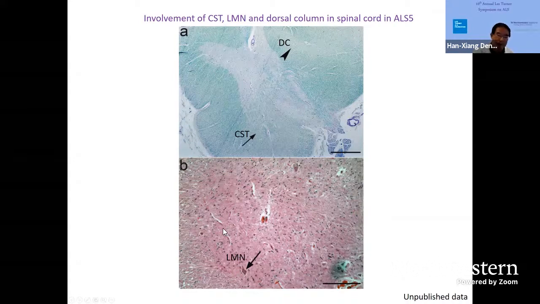This is a spinal cord from one ALS5 patient, and we can see the lower motor neurons are largely lost. Here we can see one lower motor neuron. So even though clinically they show different or overlapping phenotypes, the lower motor neuron is indeed involved. So a diagnosis of ALS5 at the later stage is quite reasonable.